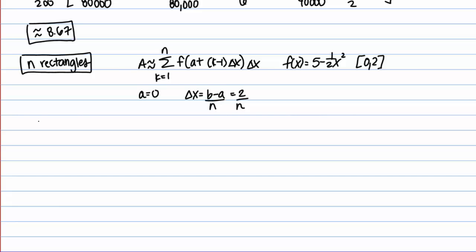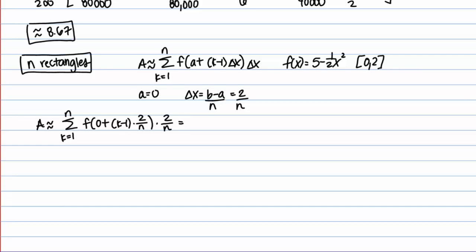So what does it look like if we plug this in? Well, n just stays n, right? So from k equals 1 to n, f of 0 plus k minus 1 delta x, and delta x is 2 over n, times 2 over n.